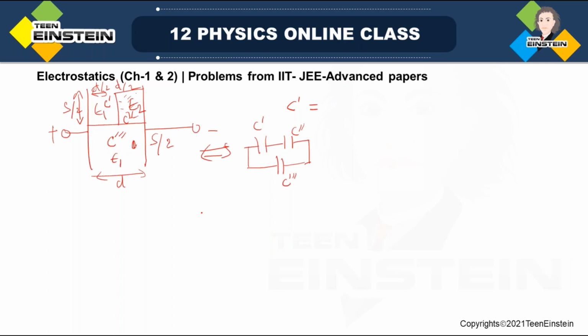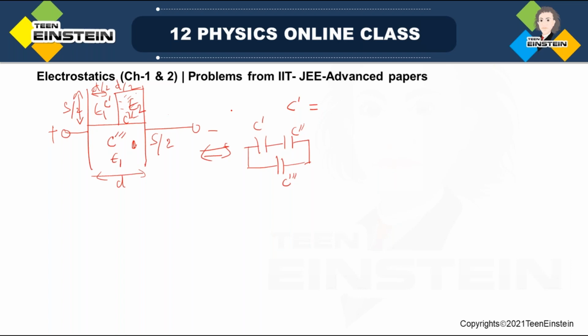C prime, see, we know when there is dielectric material inside, we write epsilon 0 epsilon r, area by distance between the plates. This is what we write. So similarly here also we'll write the same thing for each of them.